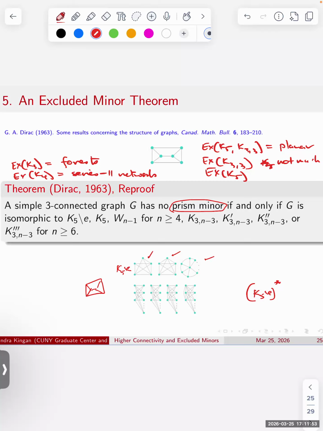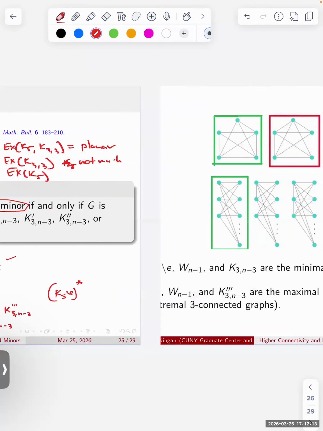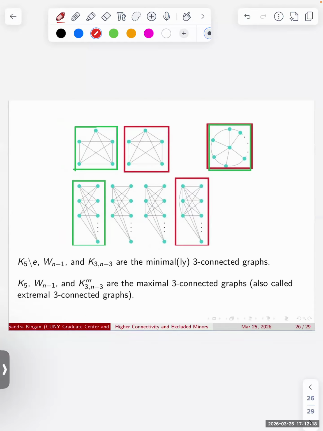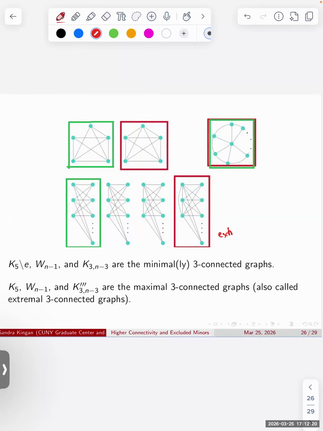And then you just have K3,n-3, which is what we're calling this, K3,n-3 dash, K3,n-3 double dash, and K3,n-3 triple dash. And I think I have on the next page the bit about the monarchs. Yeah. So sure, this is the extremal graph in the extremal 3 connected, I should say, in EX prism.